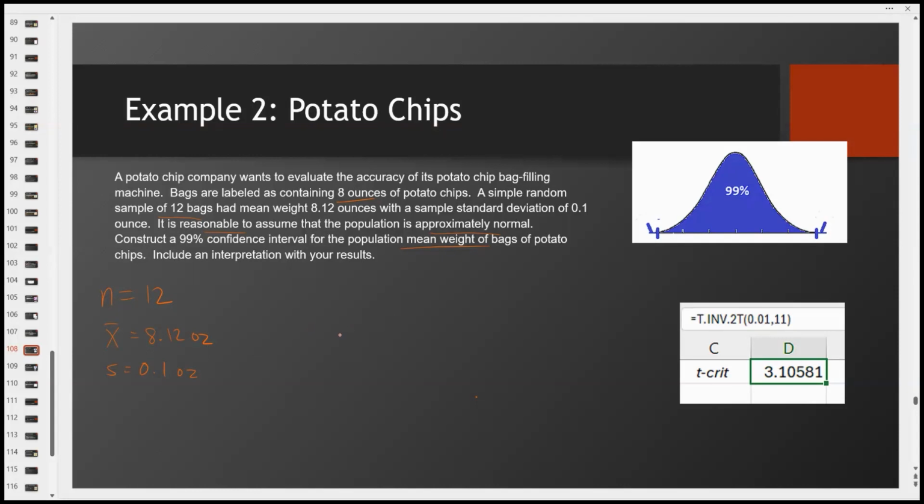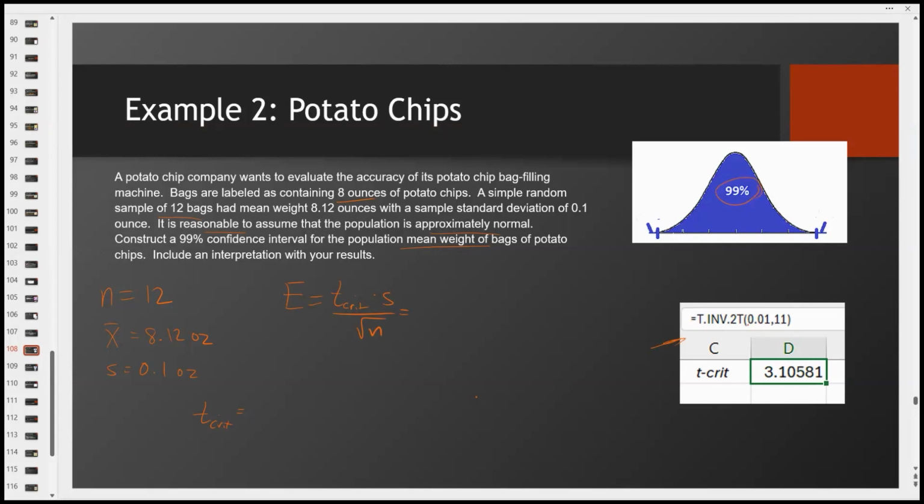So let's find the confidence interval, right? To do that, we need the margin of error, which again is the critical t value times the standard deviation divided by the square root of n. To find the critical t value, which is really the newest thing and the toughest part at this point, we can use Excel to do this because we want a 99% confidence interval.